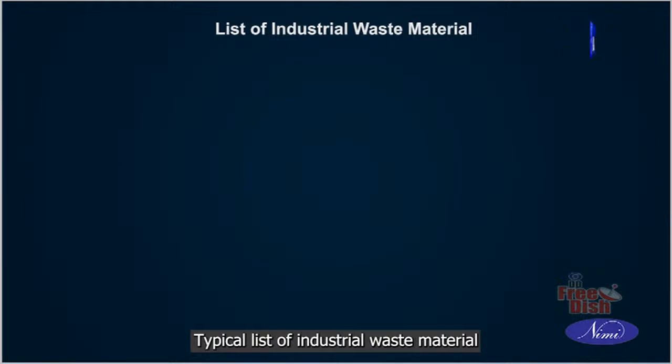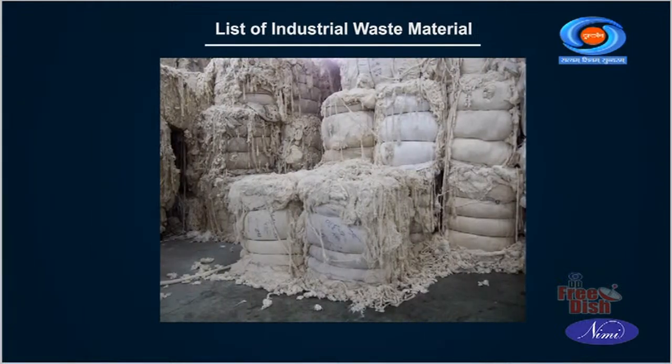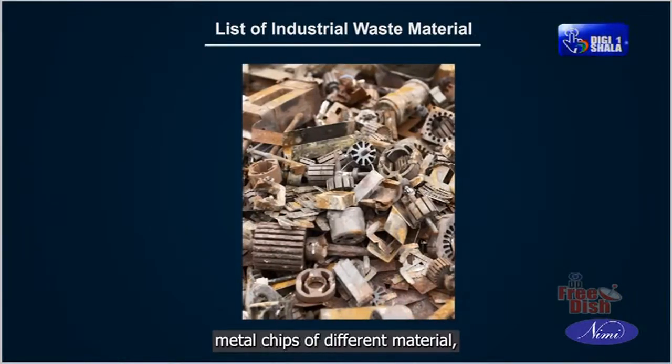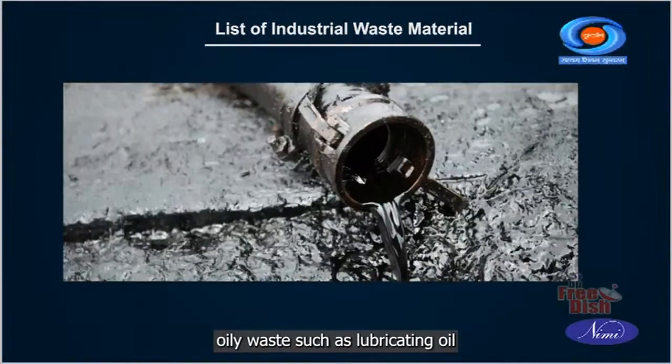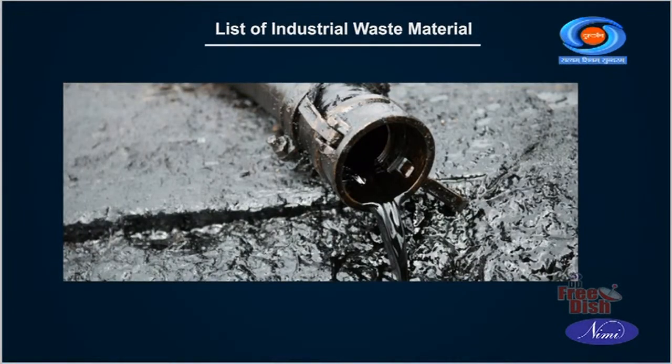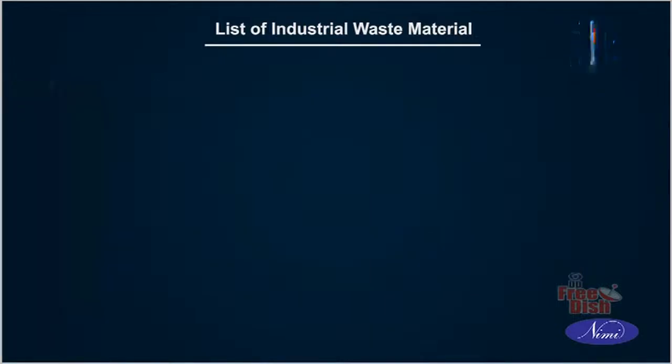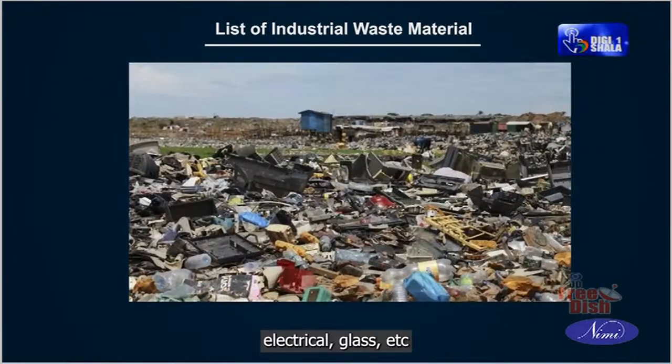Typical list of industrial waste material: cotton waste, metal chips of different material, oily waste such as lubricating oil, coolant, etc., other waste such as electrical, glass, etc.